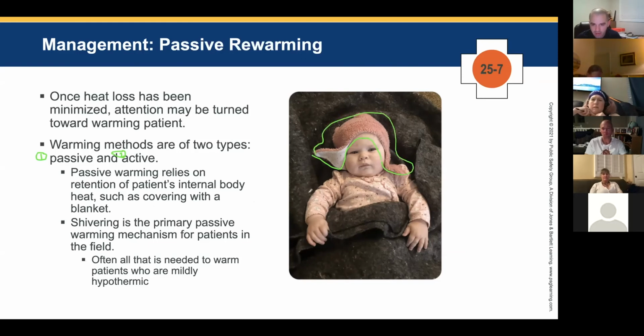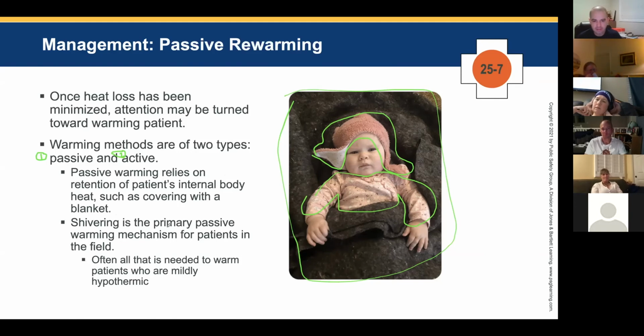And then we see here that she's covered up in a nice long sleeve, and then we have the blanket that is surrounding the little baby. By doing this, we are passively rewarming the victim by allowing their internal body heat to be retained.